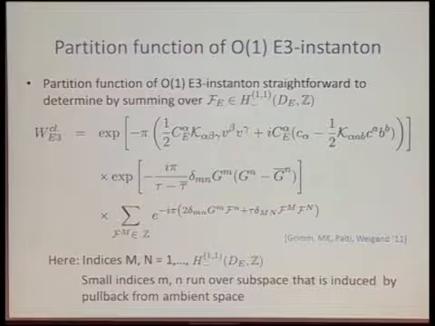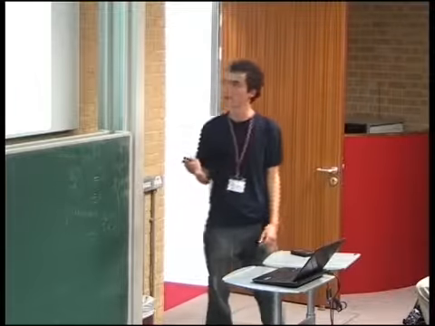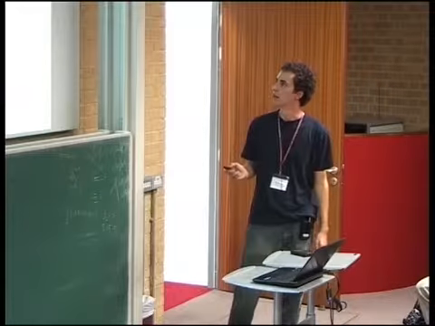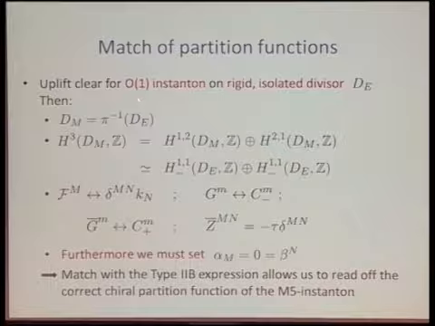Let me mention that this result is given for O1 E3 instantons. For these instantons, the flux is purely in H11 minus, so the orientifold-even part is projected out. The reason we consider this is that the uplift is much clearer in this case, especially if you specialize even further to a rigid and isolated divisor.